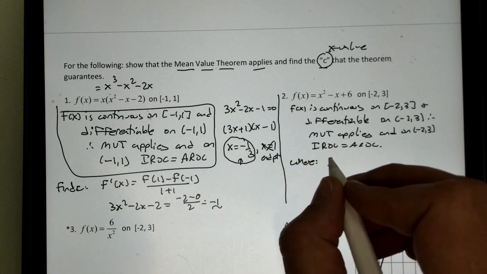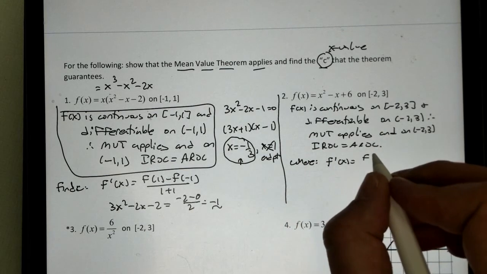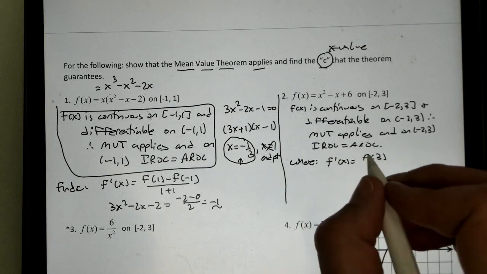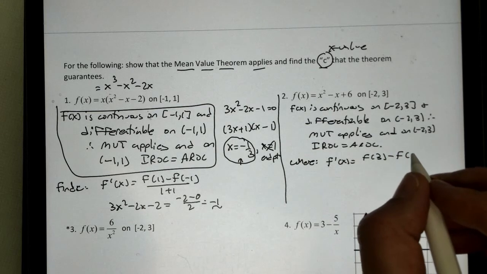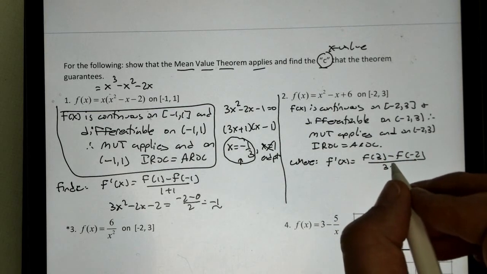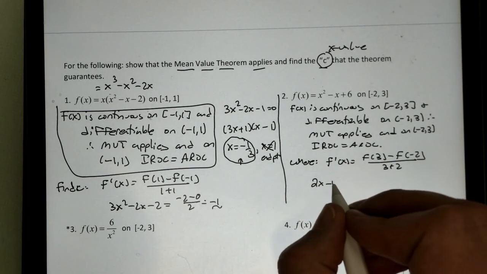We are just going to take our derivative and set that equal to the slope, the average rate of change. So f of 3 minus f of negative 2 over, and this just becomes 3 plus 2. Take our derivative, 2x minus 1.